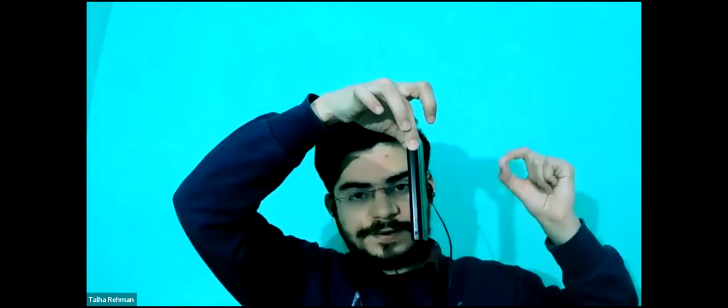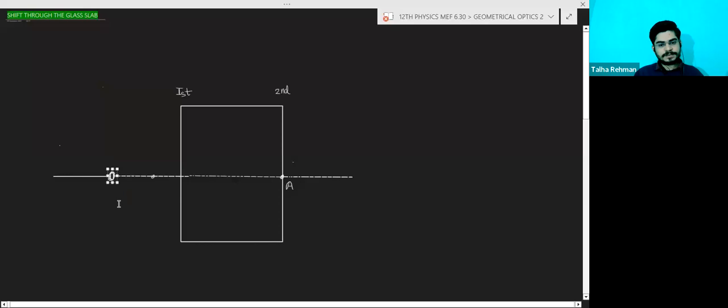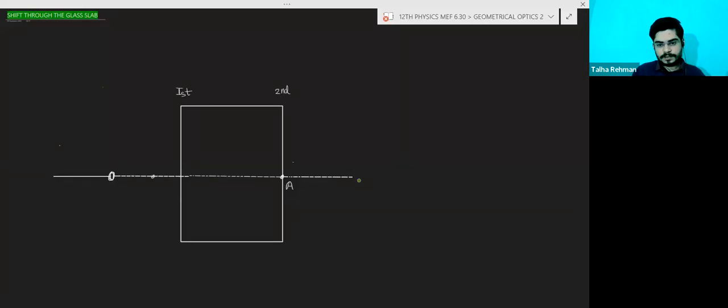Your eyes are here, and the object is here. I have just zoomed in and made this picture. So here is your object place, and you are watching from this side. Your eyes are there.